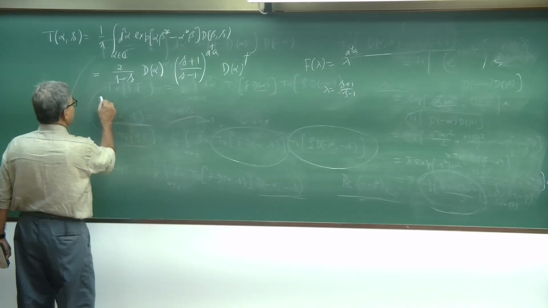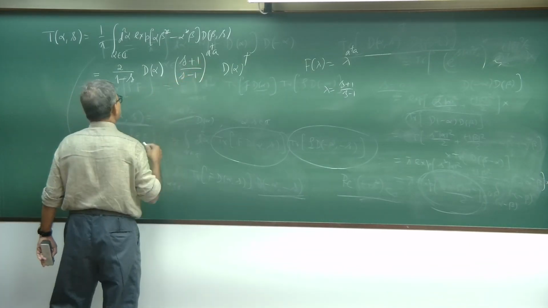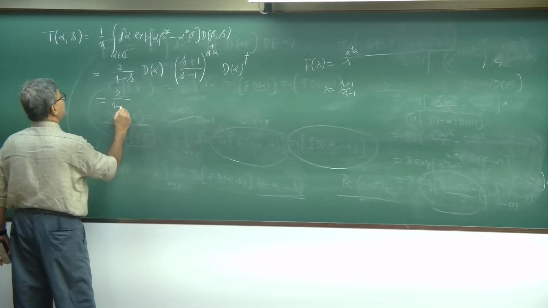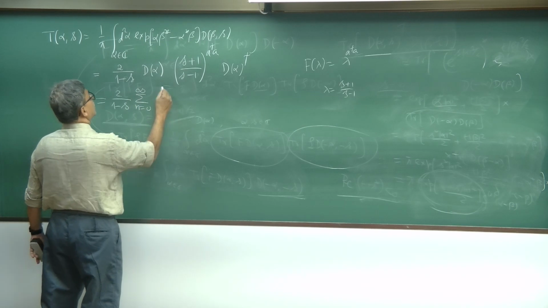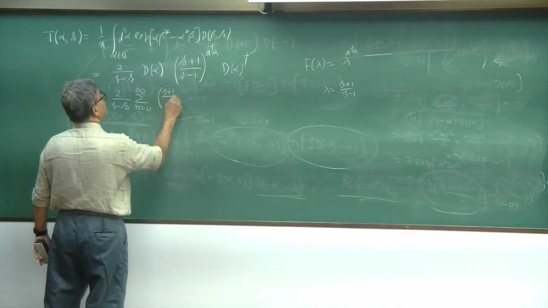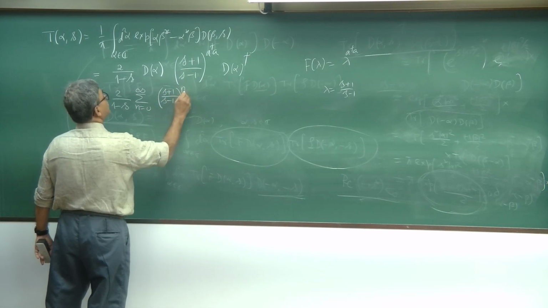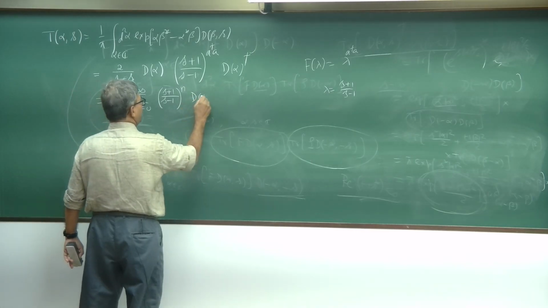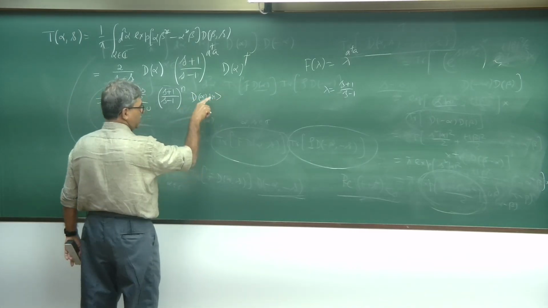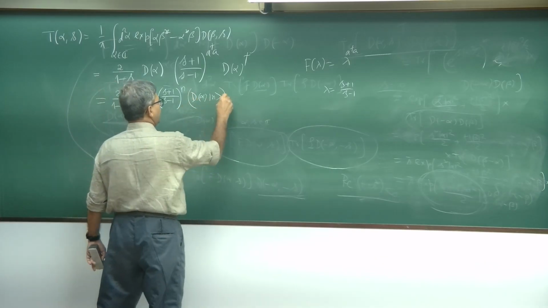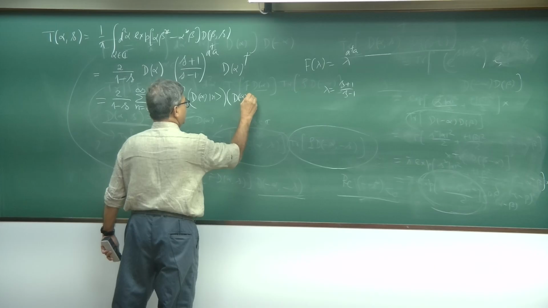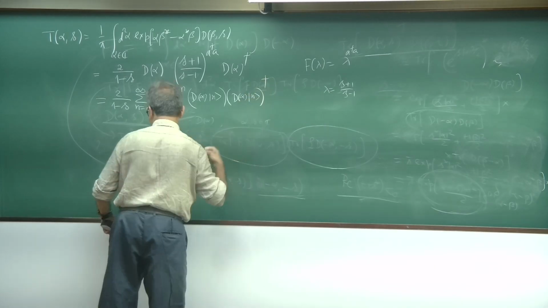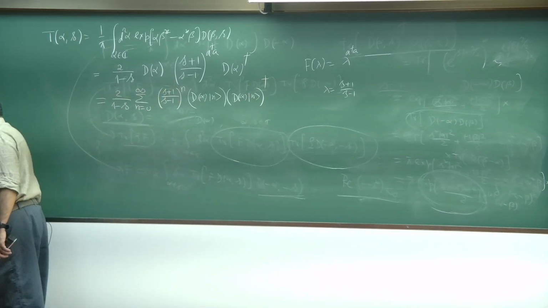And now, if I write in the number operator basis, this will be 2 by 1 minus s, sum n equal to 0 to infinity, s plus 1 by s minus 1 to the power n, d alpha acting on the Fock state, and then its dagger, d alpha acting on the Fock state dagger. This is what you will have.